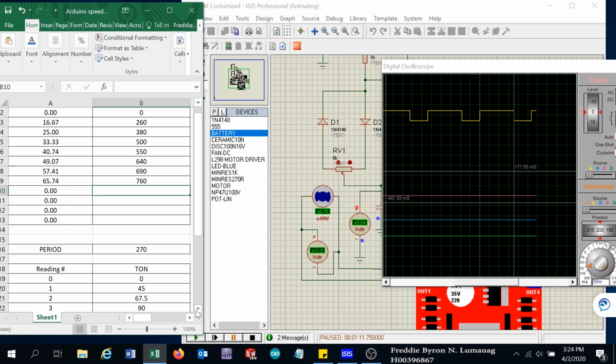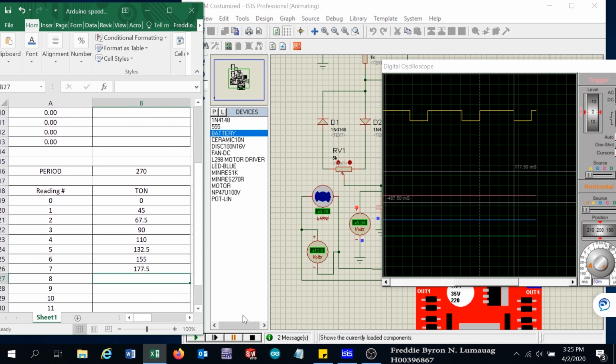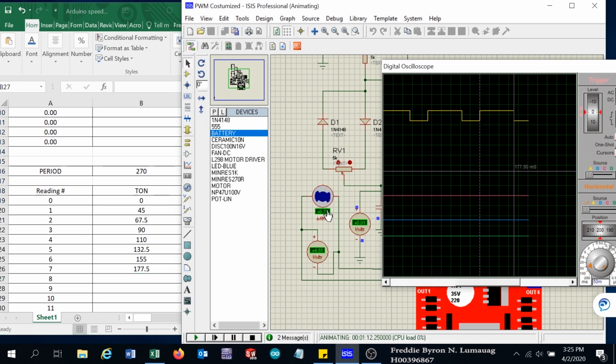So next, the eighth reading. I will resume, then pause first, and we'll clear the cursor.